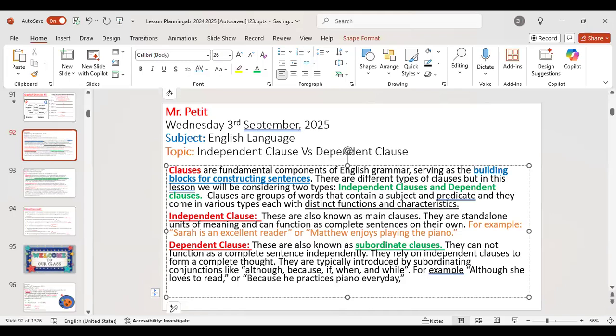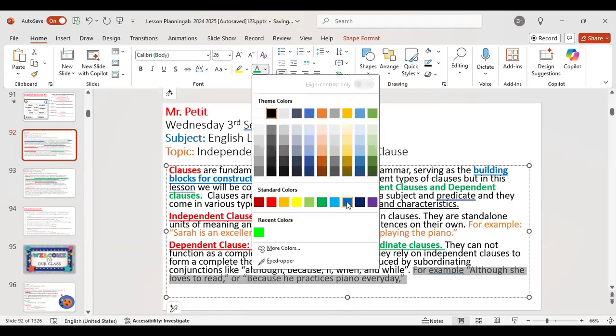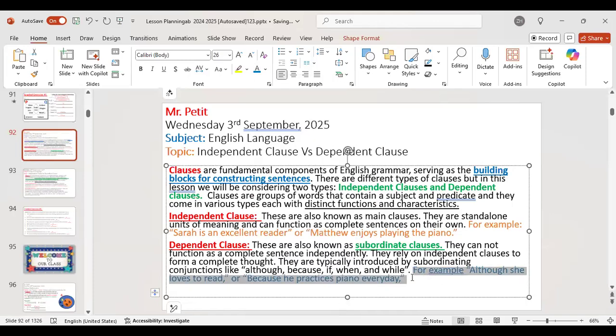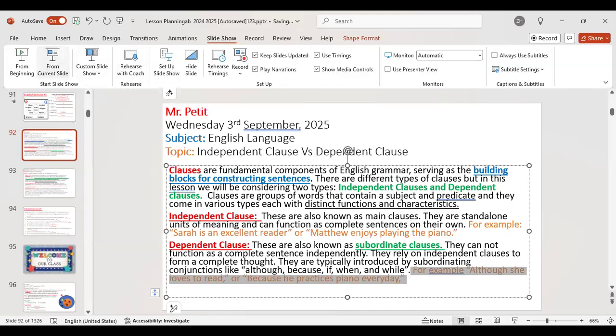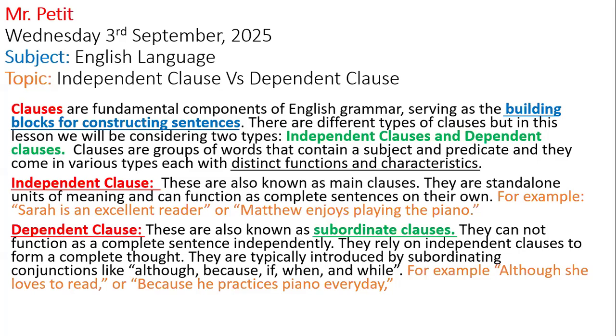As you can see with these ones, they don't finish, right? It's not a complete idea. So it can't stand on its own. We have to find something else to complete it, okay? Although she loves to read, what else? Because he practices piano every day, what else? So it doesn't stand on its own, all right? So that's the difference between the independent and the dependent. The independent can stand on its own, but the dependent cannot.